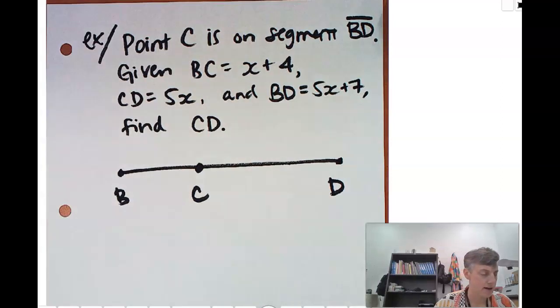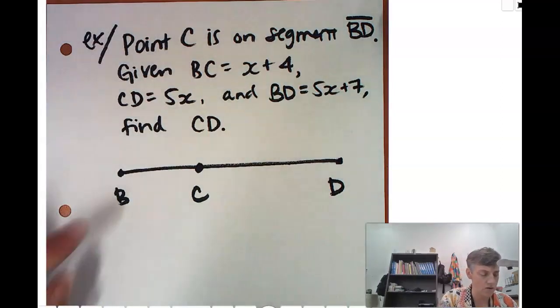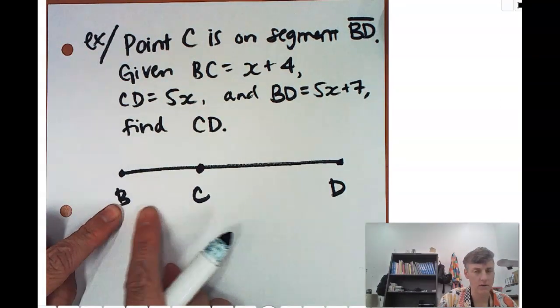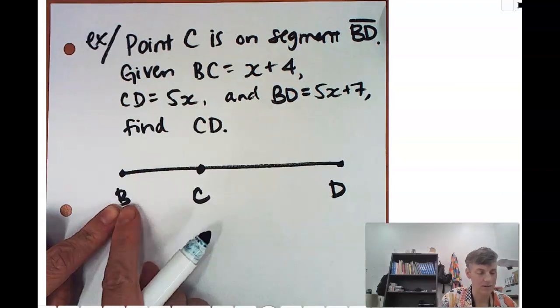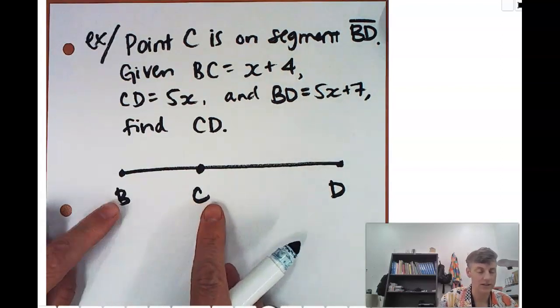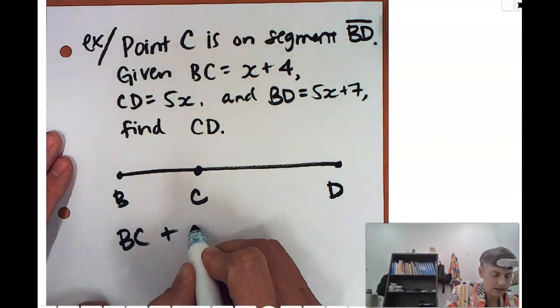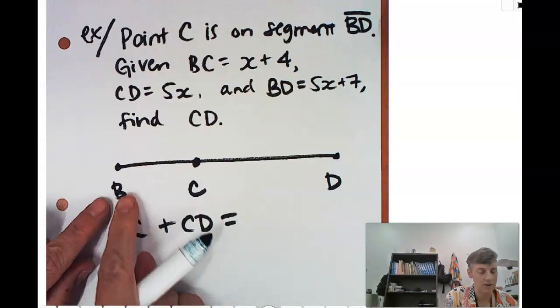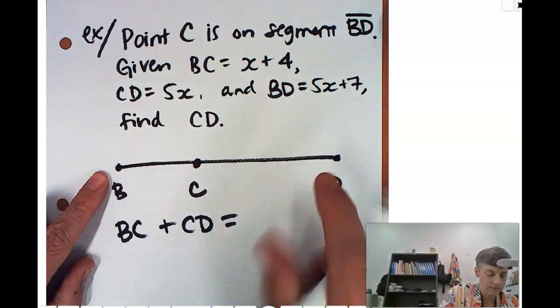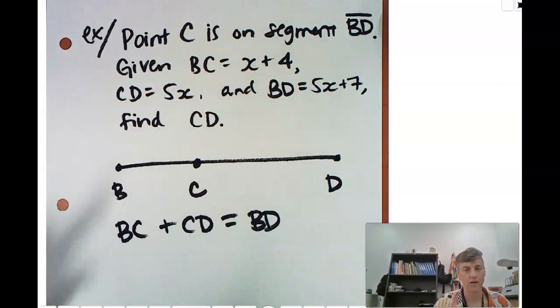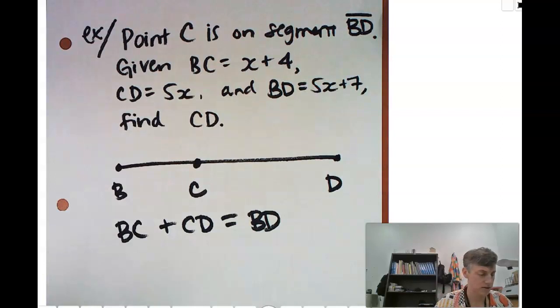Okay. So I know my letter equation is going to be BC plus CD. BC plus CD equals the whole long segment BD. All right, great first start.